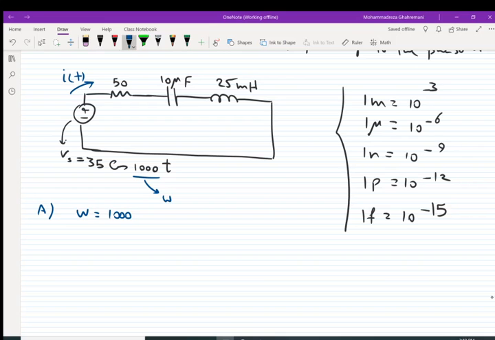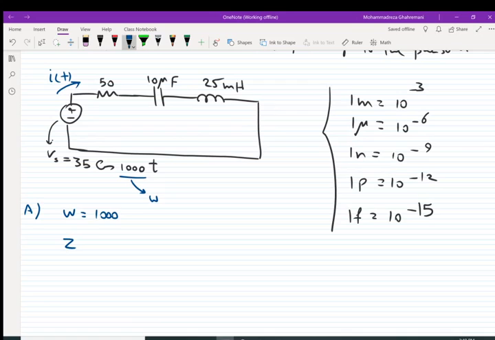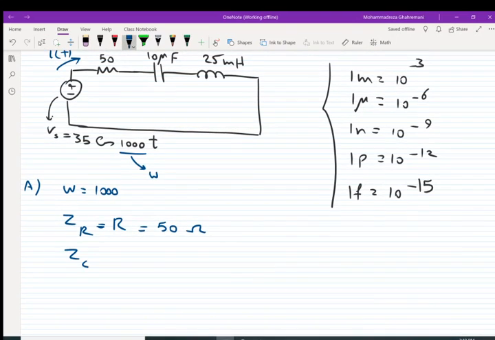Frequency is 1000. What is ZR? What is the impedance of a resistor? The impedance of the resistor is independent of frequency, and it's equal to R, which is 50 ohms. So this is ZR. What is ZC? ZC is equal to negative j over omega C. The impedance of the capacitor depends on the frequency.